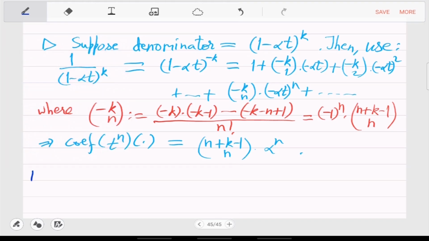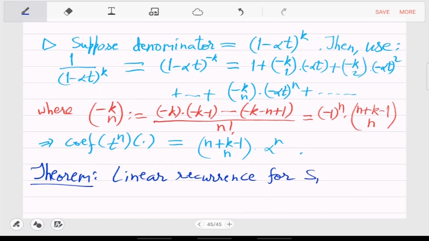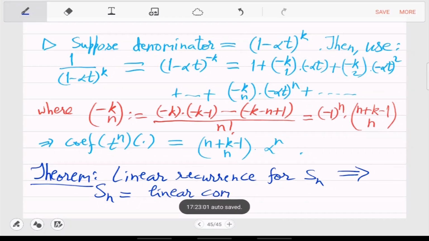So what we have shown is this kind of meta theorem that linear recurrence for Sn implies that Sn is a linear combination of functions.